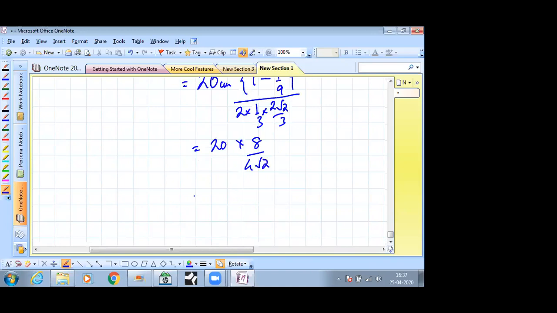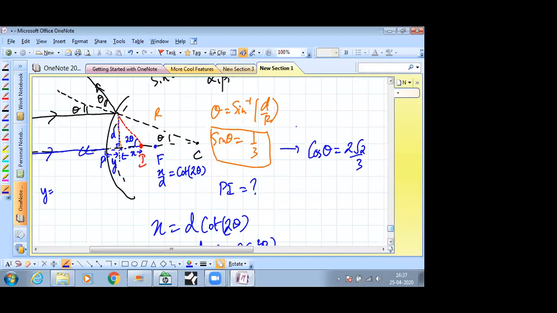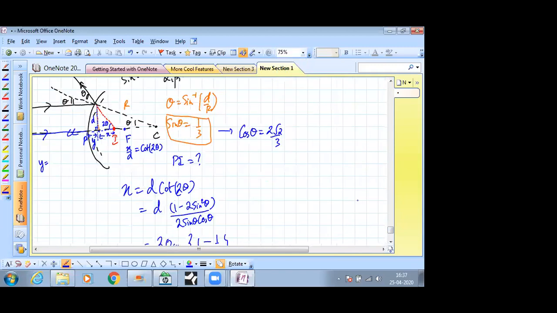Okay, so it is actually 20 root 2, or approximately 28.8 centimeters. You can just check my calculation, but this is what I'm getting.